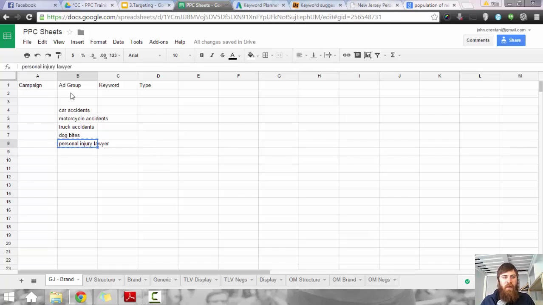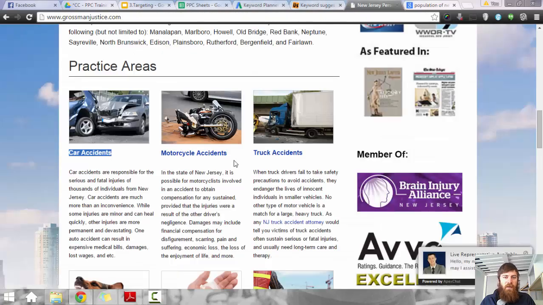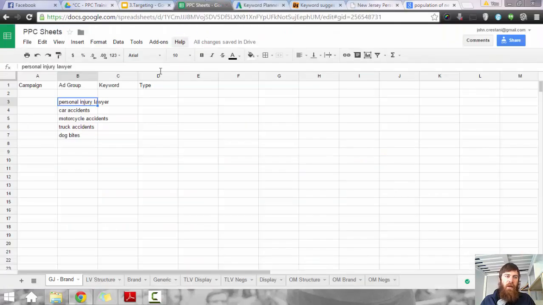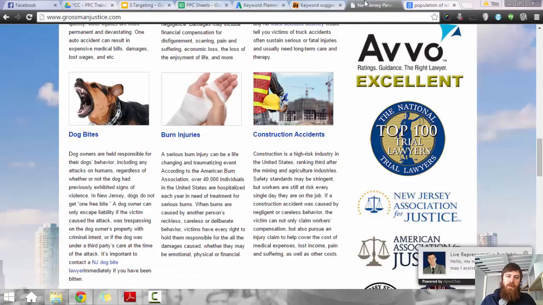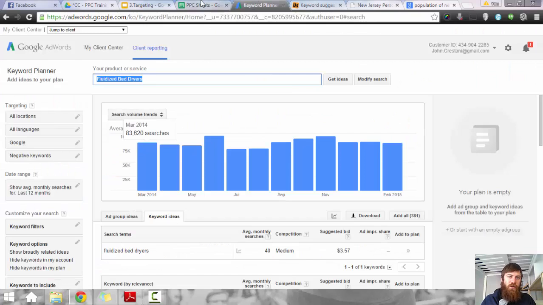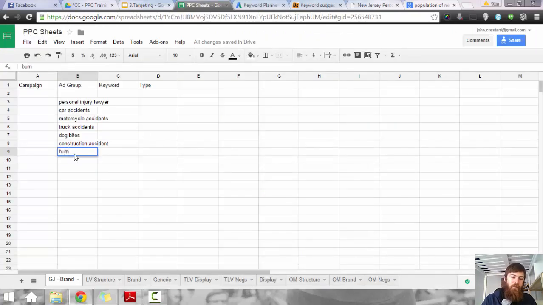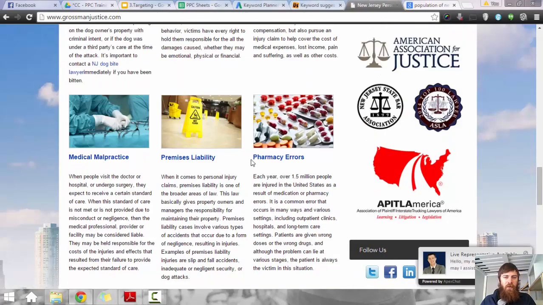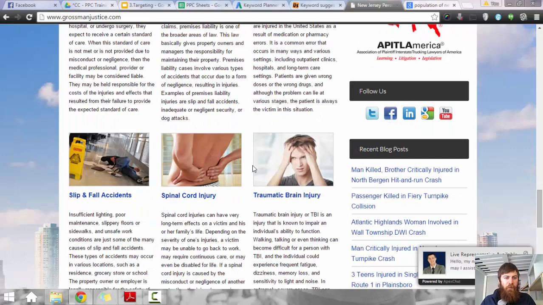We know that obviously that's a big one. Let's see some of the other ideas. Any type of accident related keyword, I think, might be good. Construction accident, burn injury, medical malpractice. So they do a lot of things here.